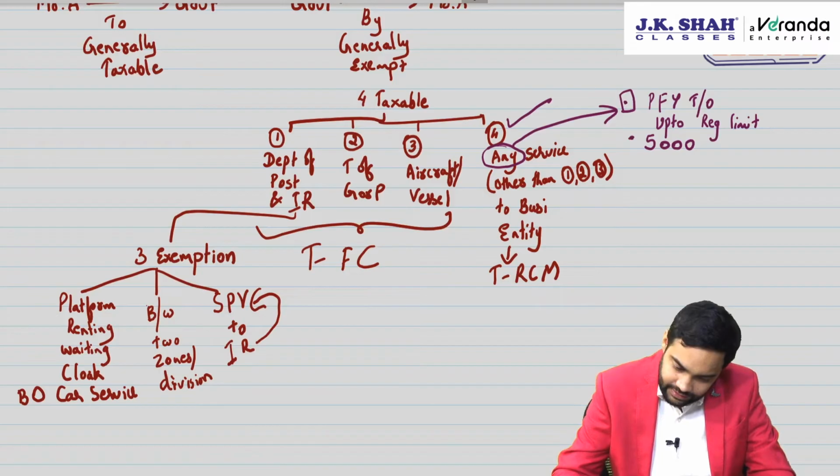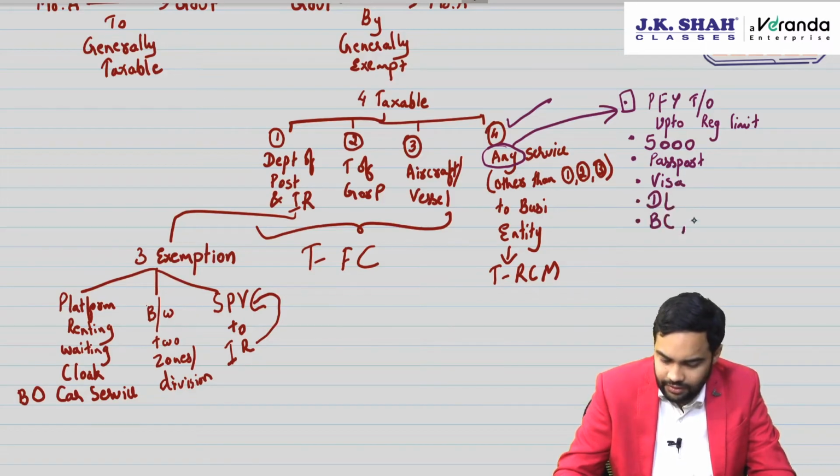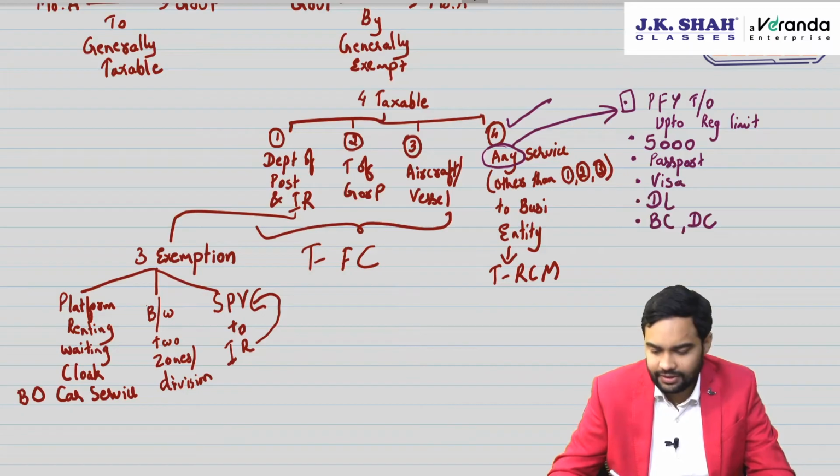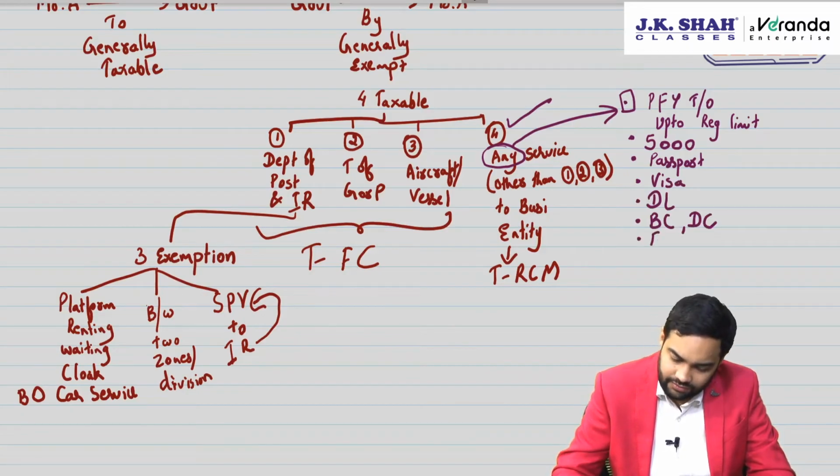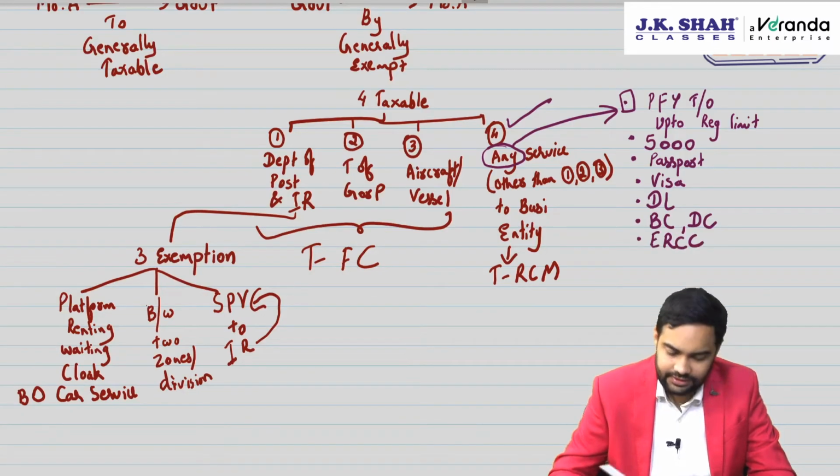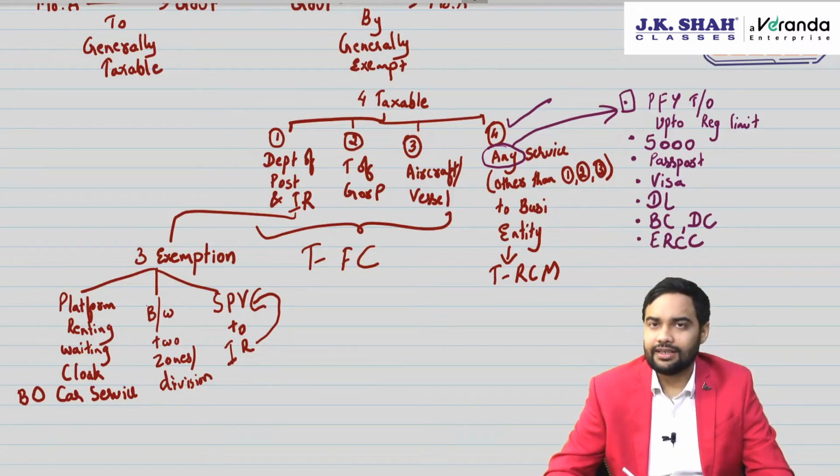Then we speak about passport, visa, driving license, birth certificate, death certificate, ERCC, excess royalty collection contractor collecting royalty on behalf of government, where the mining leaseholder has already paid the tax.